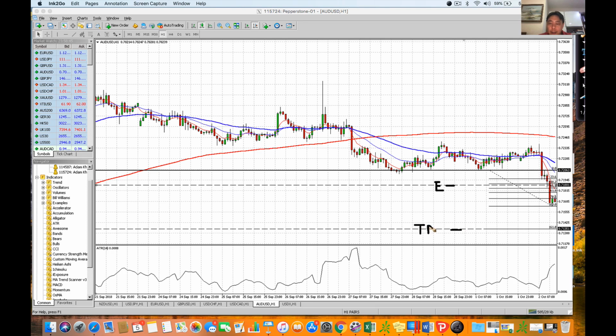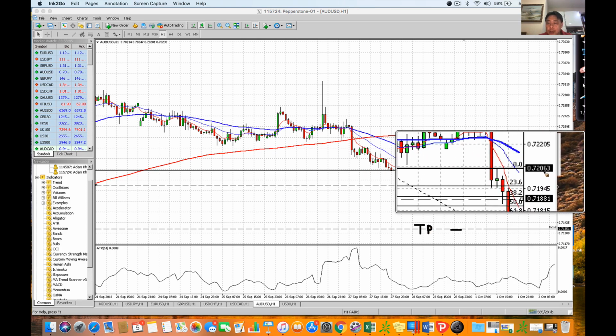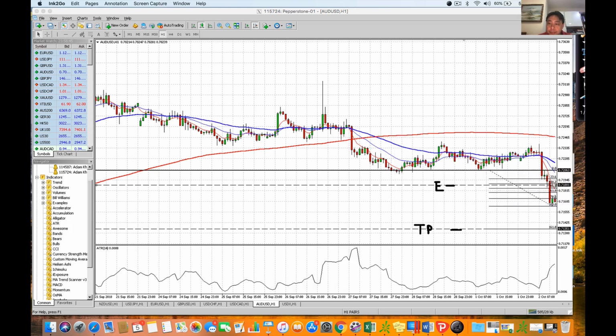Now, where's my stop loss? My stop loss has to be above this level over here, above 7206. So you could put 5 pips above, 7211.